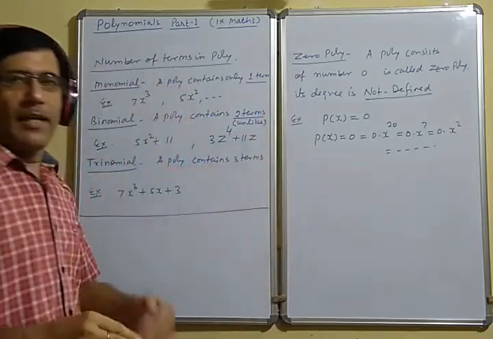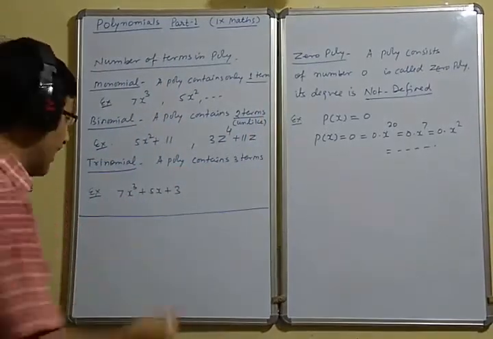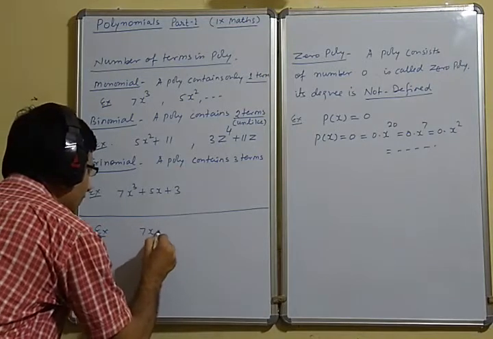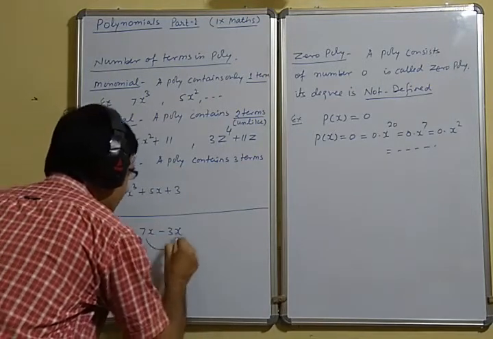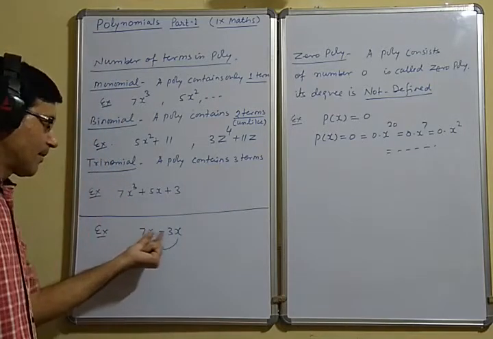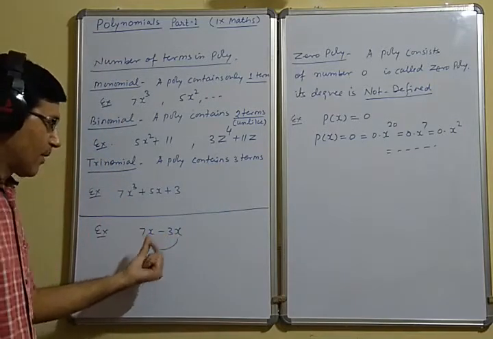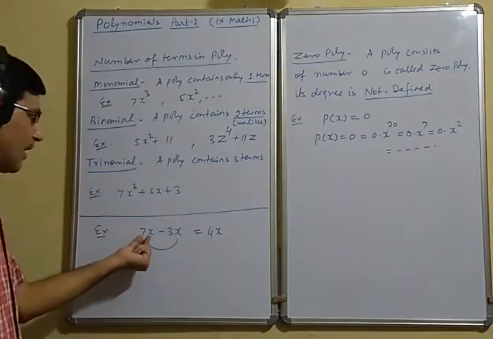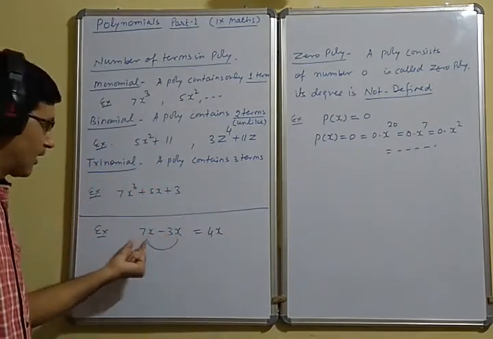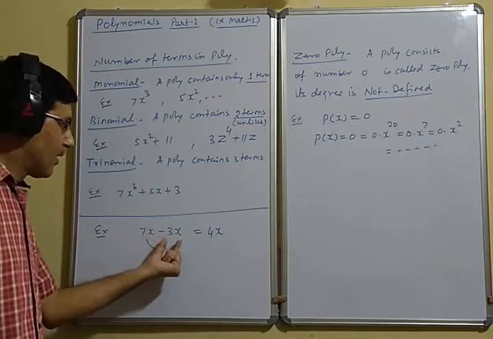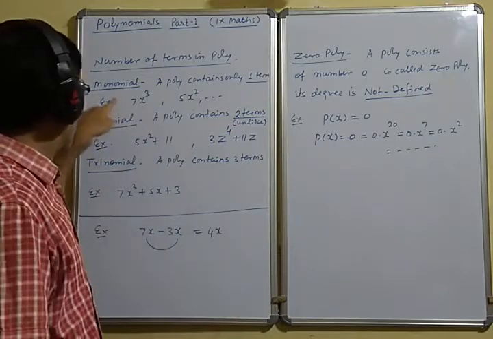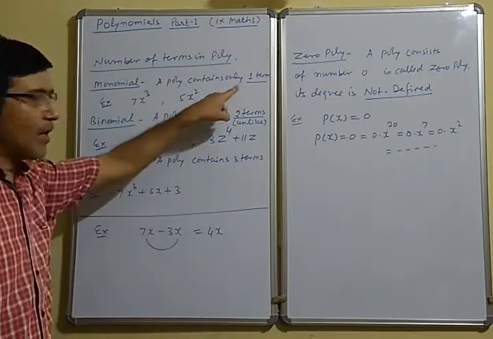If it contains two like terms, for example 7x minus 3x, it is first term, second term. But when you simplify, you will get 4x, because these two are like terms. And 4x is a monomial because it contains only one term.